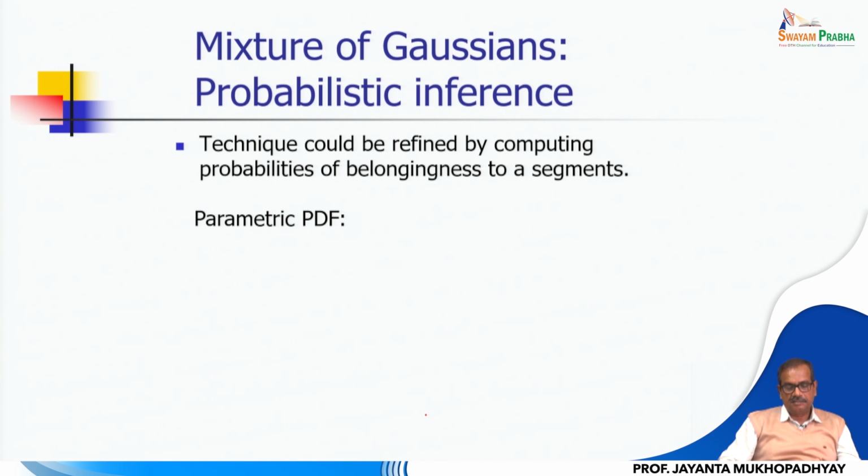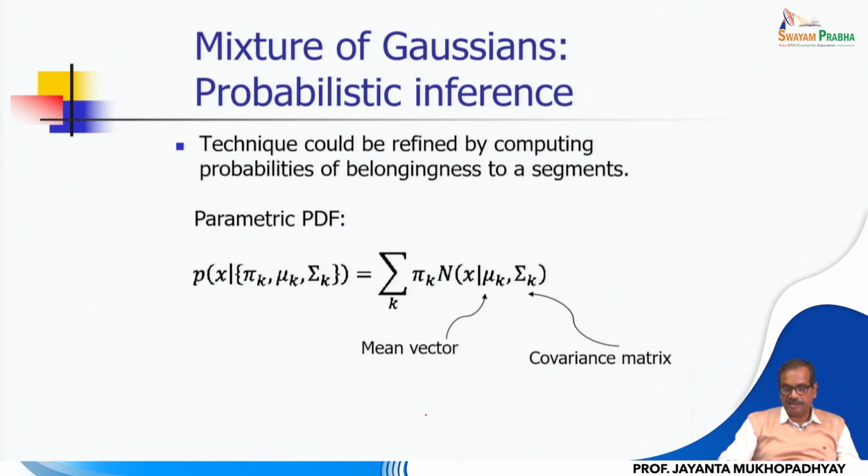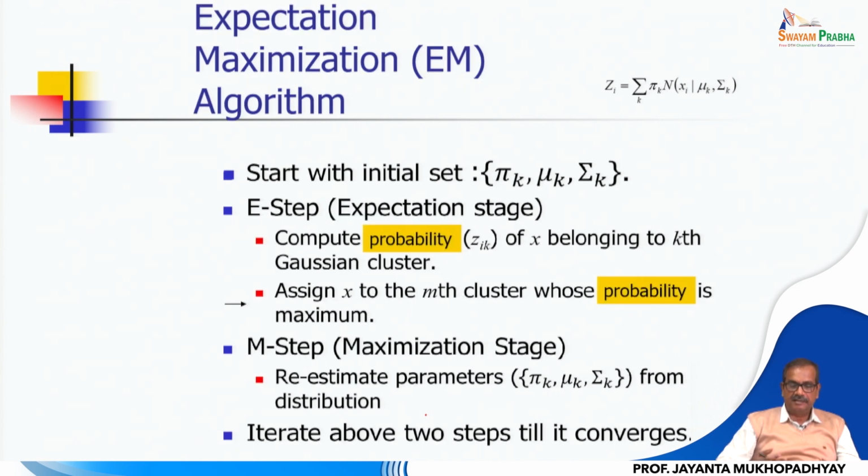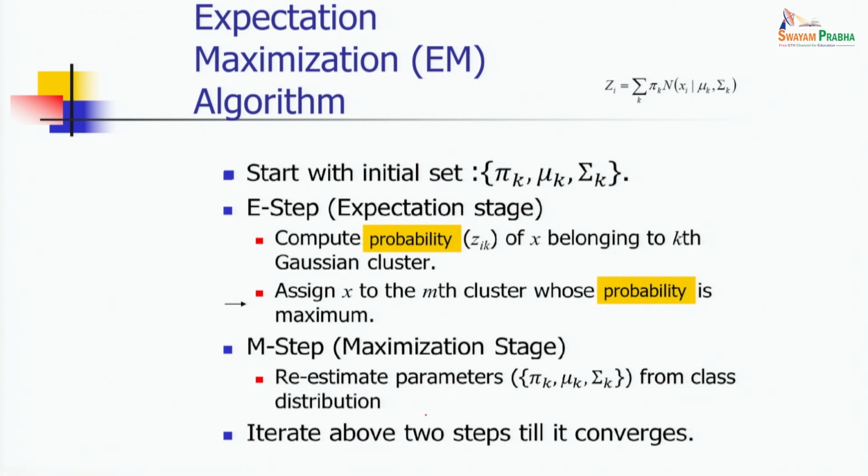The algorithm would be, as I mentioned, parametric estimation of the mean vector and covariance matrix using the same expectation maximization algorithm. You can start with an initial set, and once you specify everything, you can compute for each x the probability of its belonging to the kth Gaussian cluster.